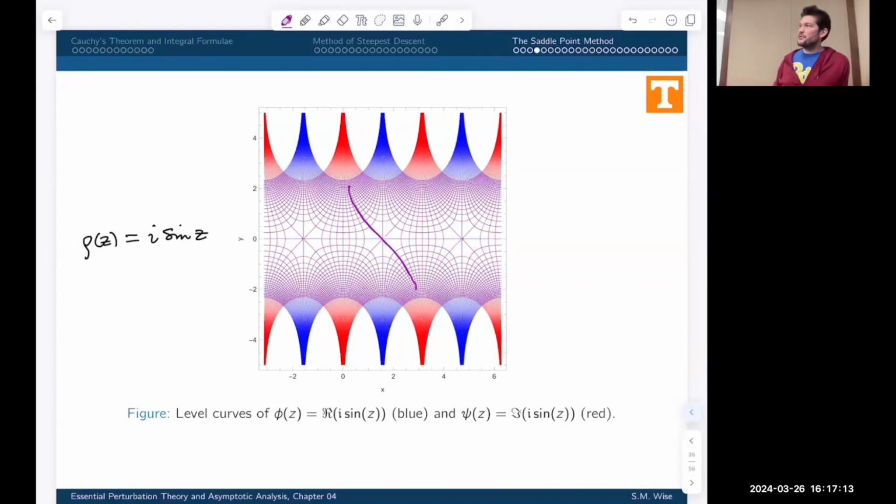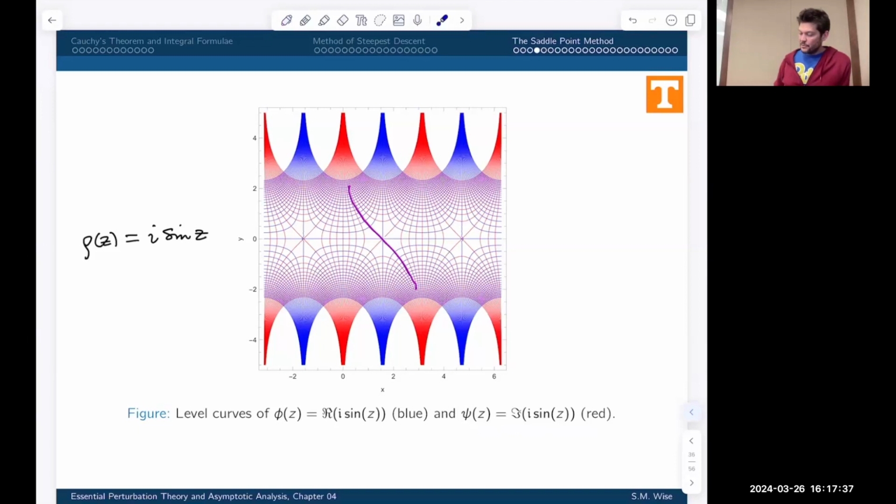In retrospect, I think choosing phi and psi was a bad choice. I need two functions which sound a lot different from each other, and which I'm less likely to stumble over. Okay, so with this purple curve, we're on a level curve of constant psi.